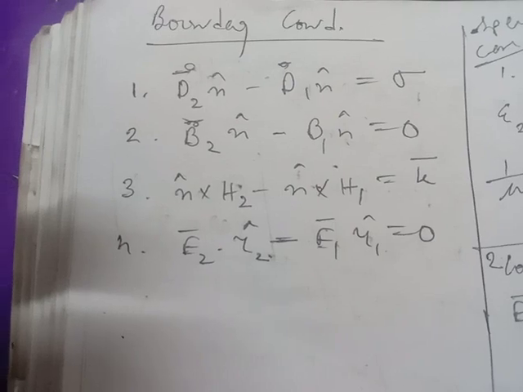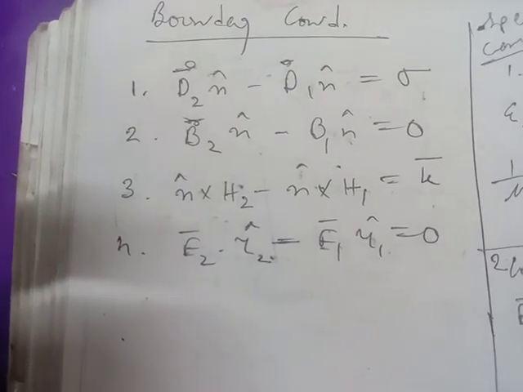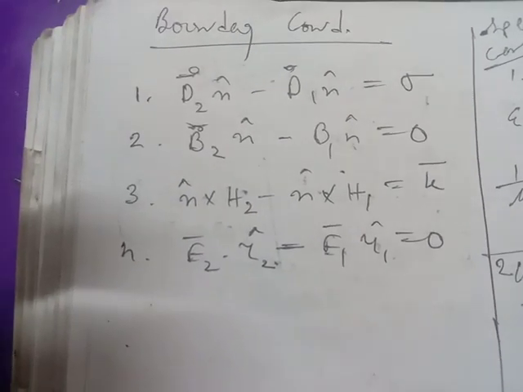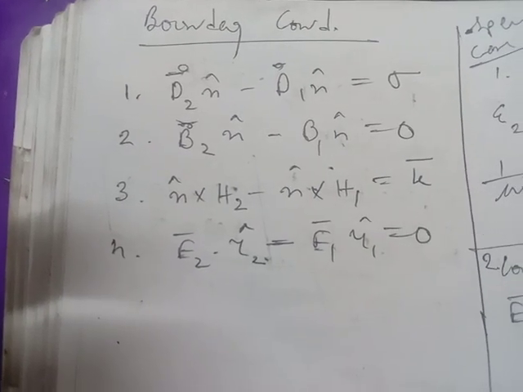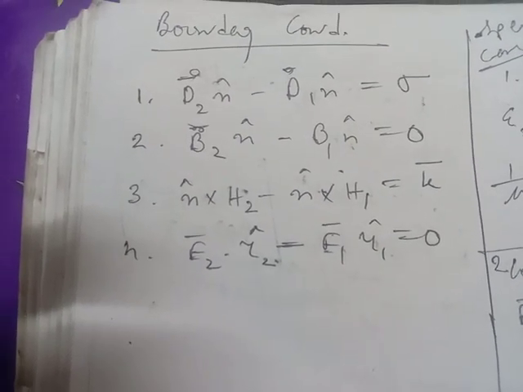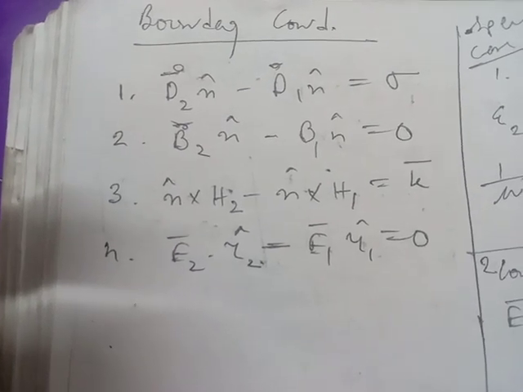That means that along the tangential part of that surface there is going to be no change in electric field. Even if there is charge present, there will be no change in electric field.